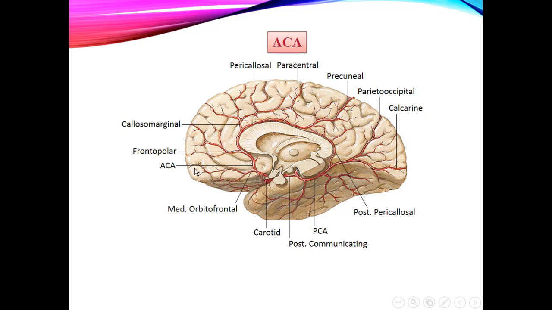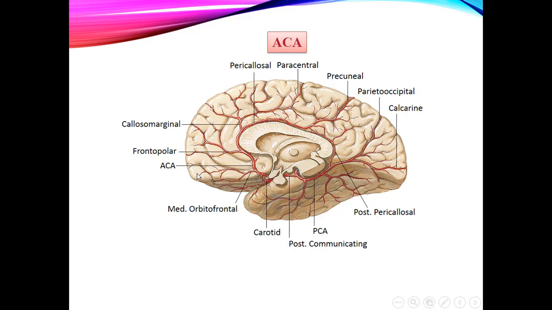Which functional areas are supplied by the anterior cerebral artery? As I said, the branches of the ACA supply the anterior end of the frontal lobe, and as you know, here we've got the prefrontal area, which is responsible for personality.